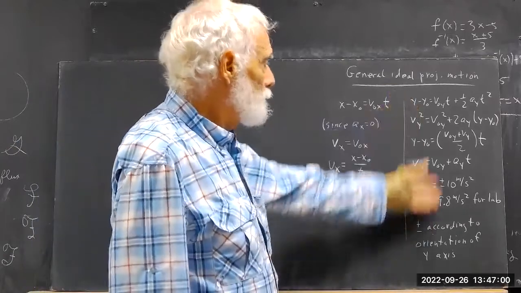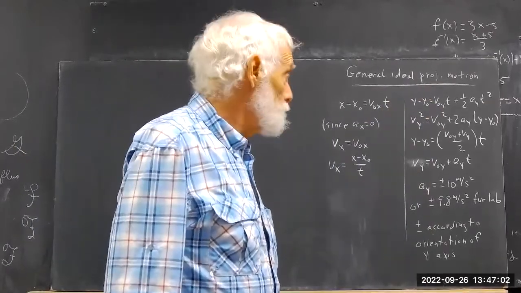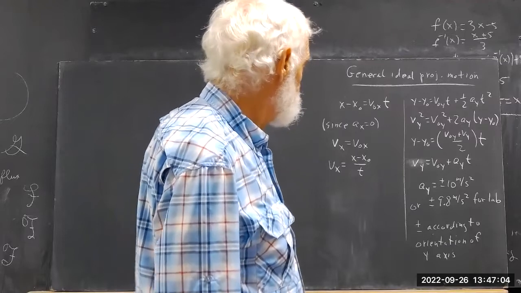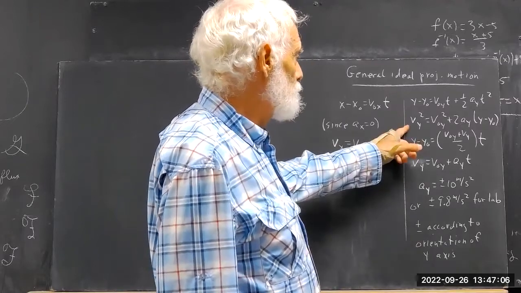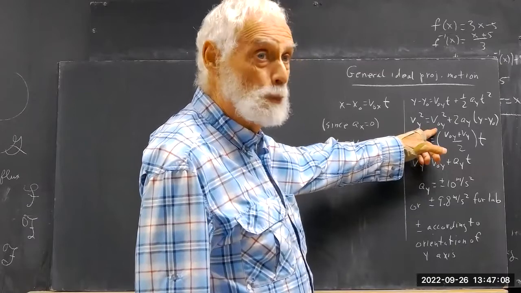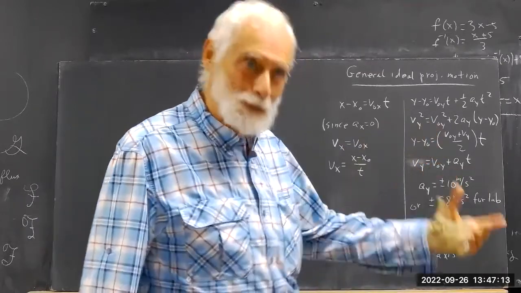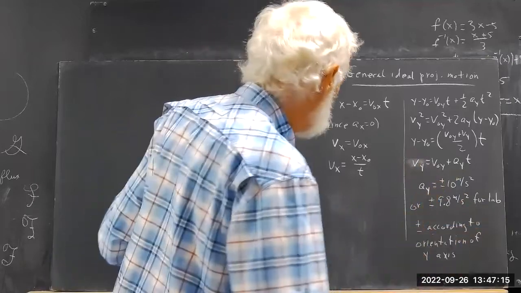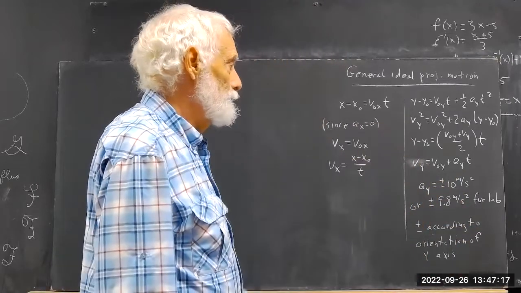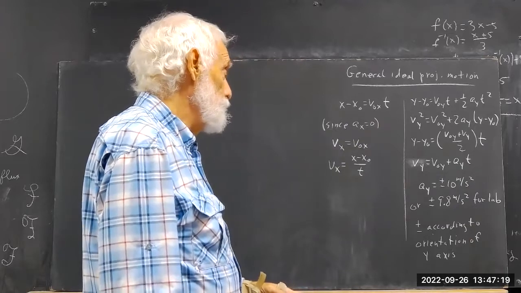Now, these equations become much simpler. The vx squared is just going to equal v naught x squared, because vx is v naught x throughout. So we don't even have an analog to that equation.